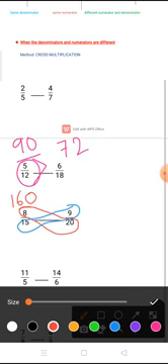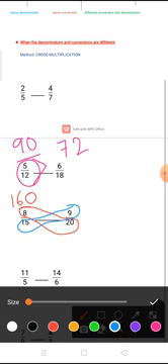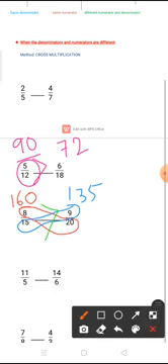And 9 into 15, we will get 135. Between 160 and 135, which one is greater? Yes, 160 is greater, so 8/15 will be the greater fraction. Okay, now come to the next sum.